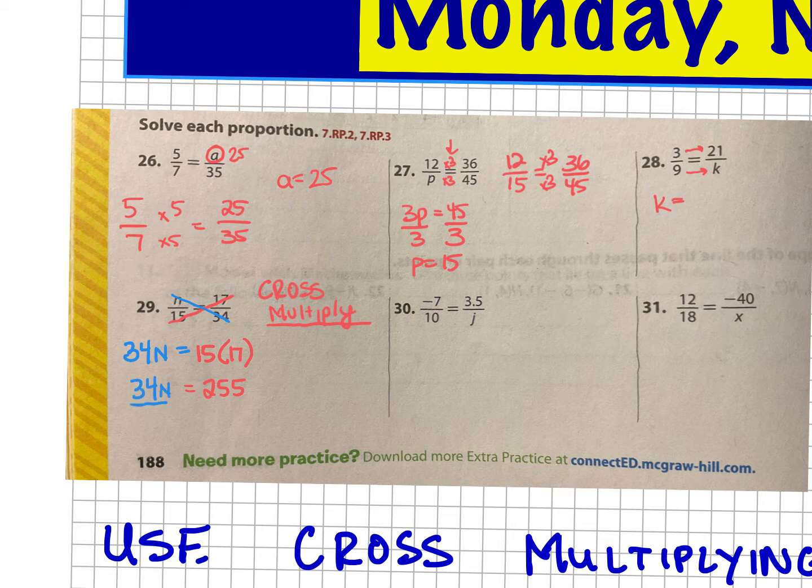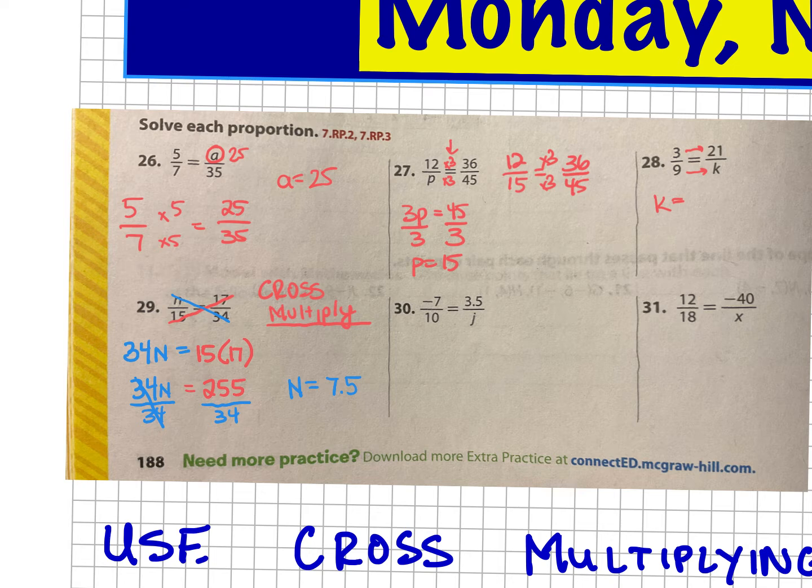Now I'm going to divide by 34 because I don't want to know how many 34n's there are. I just want to know one n. So n equals... Alexa, what's 255 divided by 34? 255 divided by 34 is 7.5. There we go, 7.5.